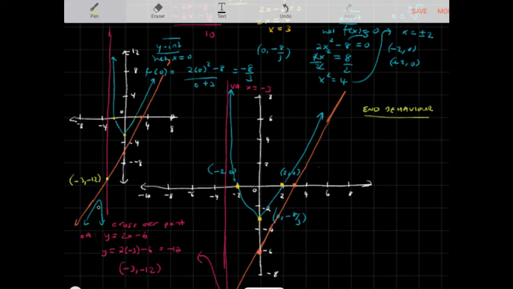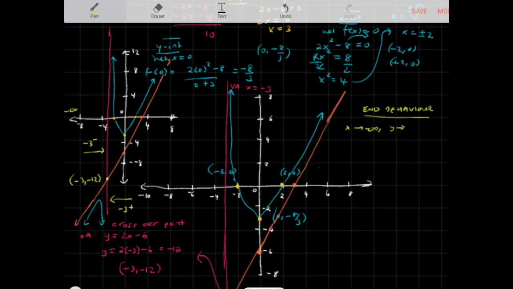I drew another view of this graph just so you can see the end behavior to the left of the asymptote. Okay, so this is the asymptote at -3 being approached from the left side. It's the asymptote -3 from the right side. This was just an enlarged image of that. And if we're looking at as x approaches -infinity, right?